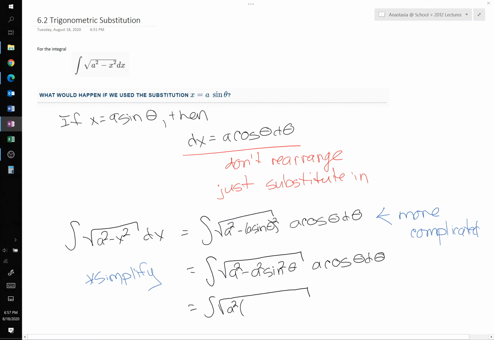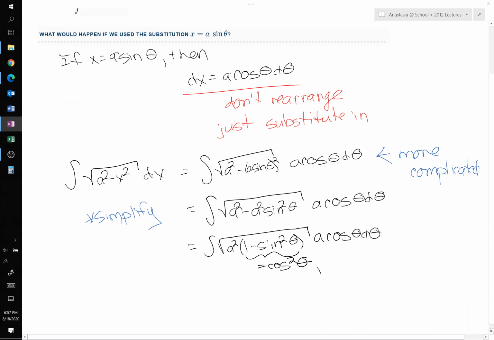A squared times 1 minus sine squared theta. We can't forget our a cosine theta d theta. And notice that 1 minus sine squared is something that should look familiar to you because of the Pythagorean identity involving sine and cosine. This ends up equaling cosine squared of theta.